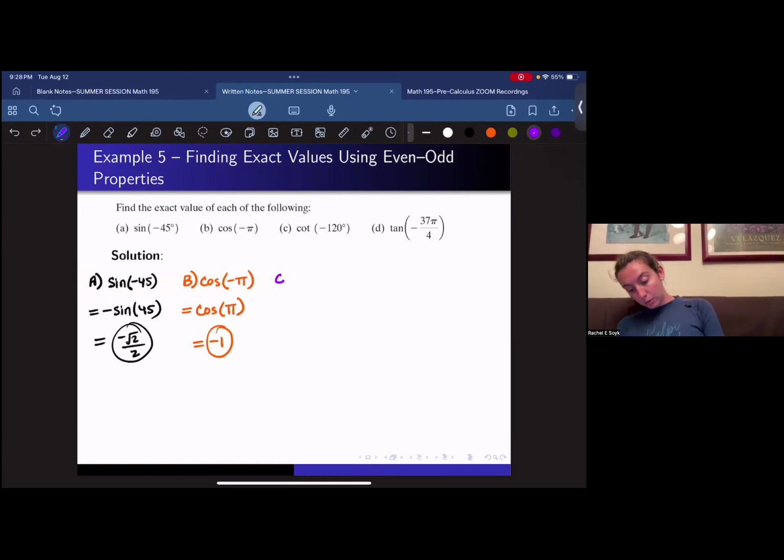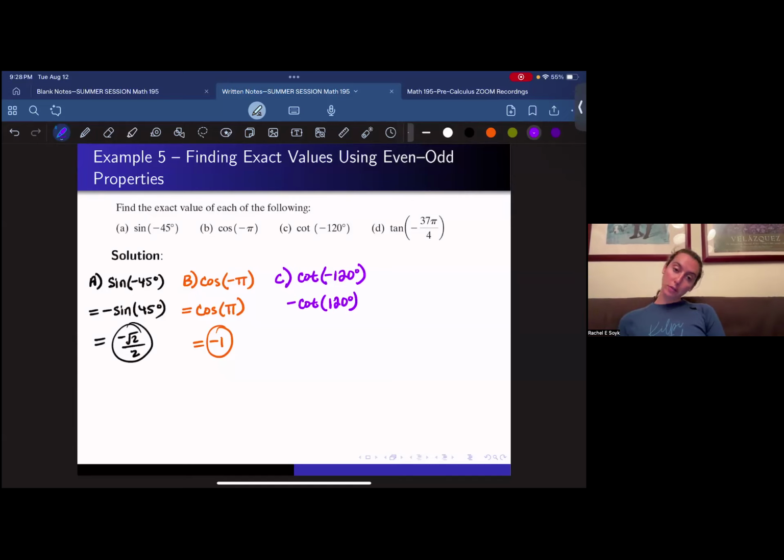Cotangent is an odd function. So cotangent of negative 120 degrees is the same, I should really put the degrees in for the first one too, as negative cotangent of 120 degrees.